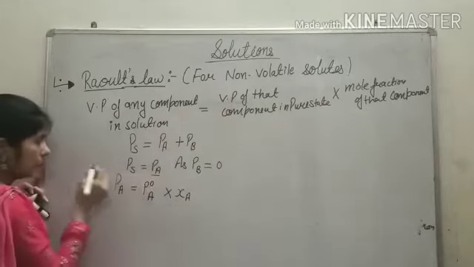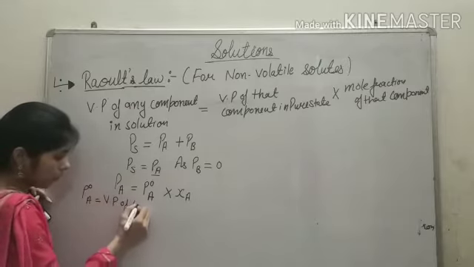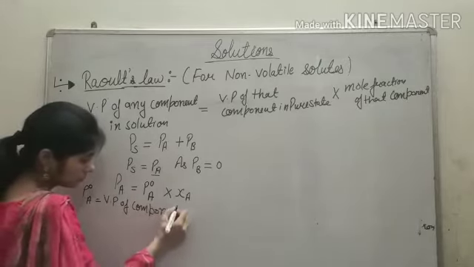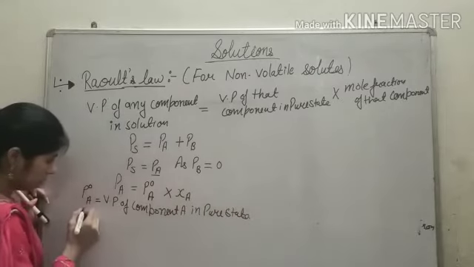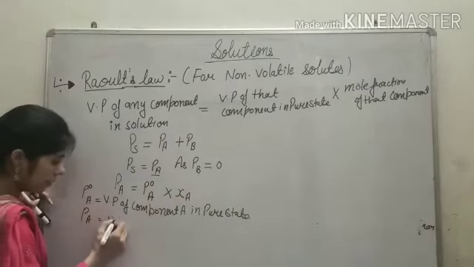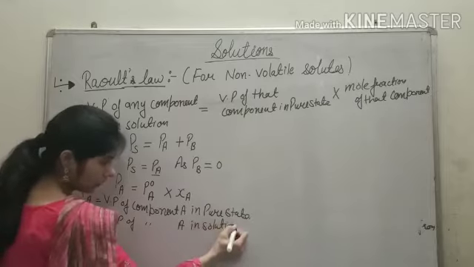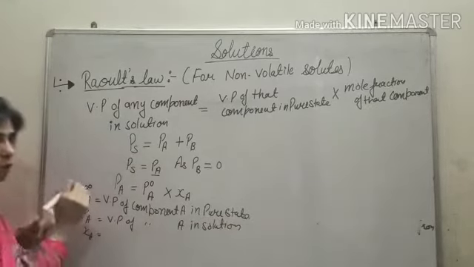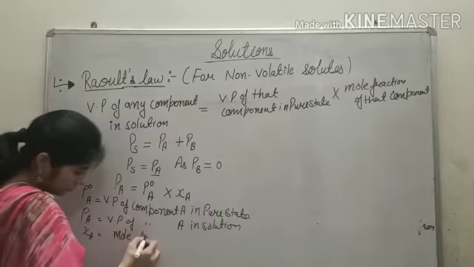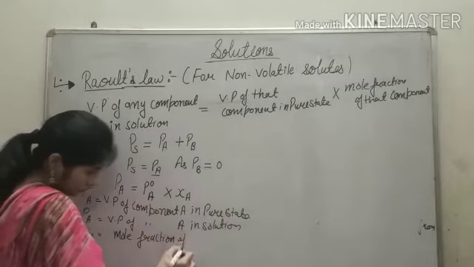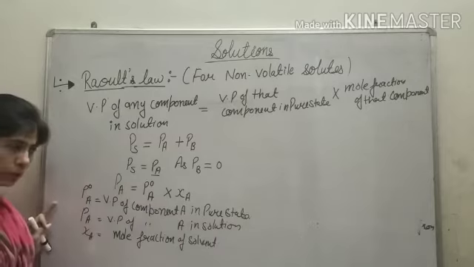In this, P naught A is the vapor pressure of component A in pure state, and PA is the vapor pressure of component A in the solution, and XA is the mole fraction of the solvent. Okay students, I hope up to this point it is clear to all of you.